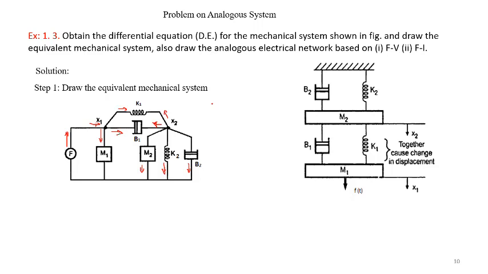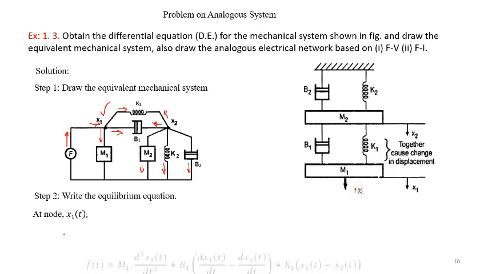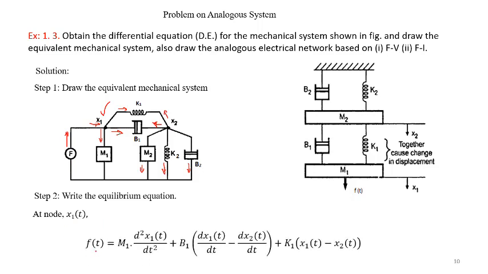Next we need to write the equilibrium equation at each node. First we'll write it for node 1, x1 of t. The input is f of t, and whatever comes out here is m1 d square x1 by dt square.